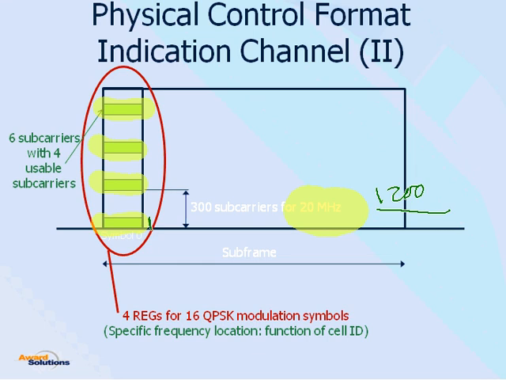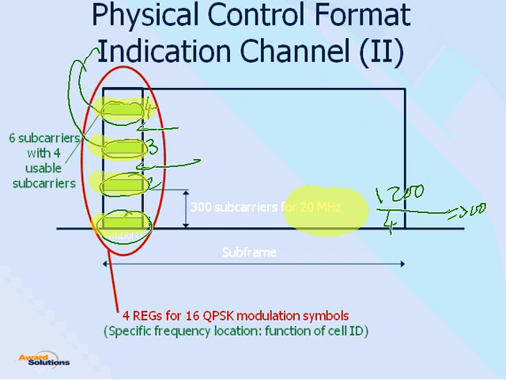So I have 4 chunks, 1200 divided by 4, 300. So every 300 subcarriers, I will have the resources that will carry the control format indication channel. And once we look at the control format indication channel, we will know how many symbols are consumed by the downlink control channel.